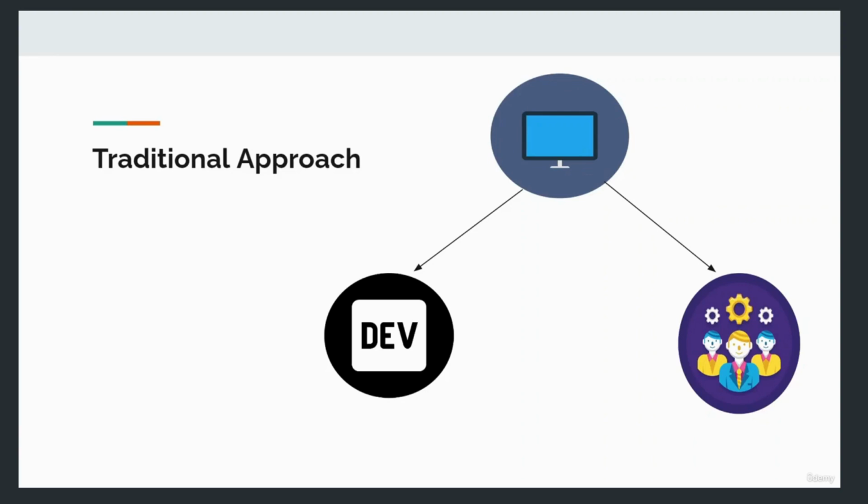But the issue here is the time. While the operations team is working on validation, the dev team has to wait for the feedback, and they might need to work on any bugs reported by the operations team. So there is quite a lot of time gap, and also communication lag, due to which the timeline of the project is extended a lot.